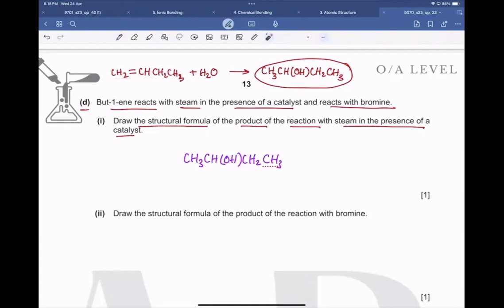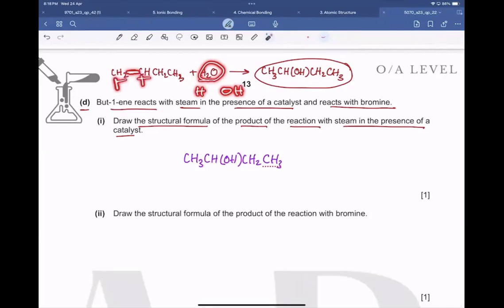Yes, what do you want me to explain again, Rahim? So there is a possibility that when it reacts with steam, we know steam, water, turns into hydrogen and hydroxide. So see, we turn this double bond into a single bond.